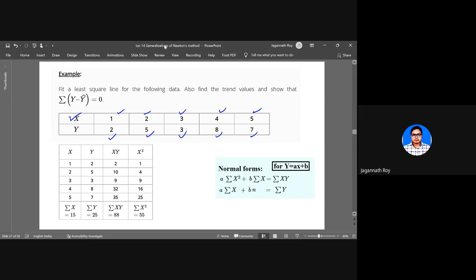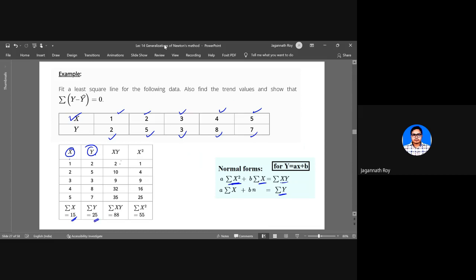Now our first task, because note that we have to find the summation of x square, the summation of x, the summation of x into y, and the summation of y. So we write down the x values and y values. Taking the summation of x, this is 15. Taking the summation of y, this is 25.